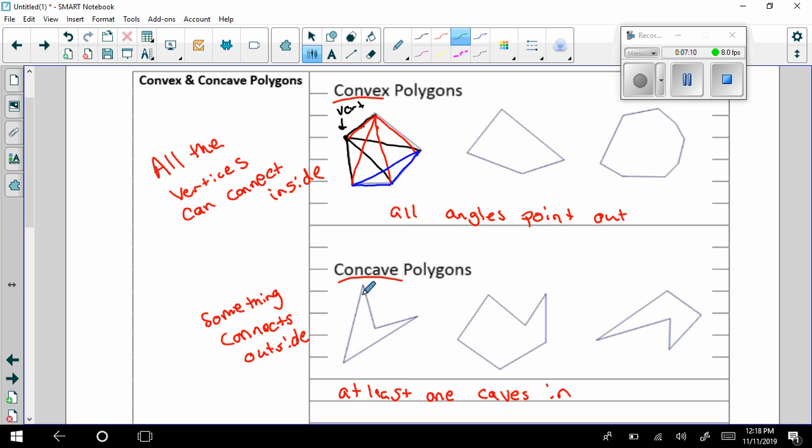Where if we go down here, this one right here connects outside of the shape, right? Which means it has to have a spot that caves in. All right, so this is concave. All right, so you have one vertex at least going towards the center.